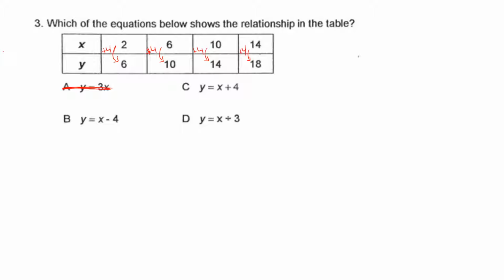So we have to take the x values and add 4 to it. And that's what this is right here. We take our x value and we add 4 to it, and then we get our y value. It's not this one here. We don't take the x value and subtract 4. We're going to add 4 to get to the next one. Okay, and it's definitely not divided by 3.